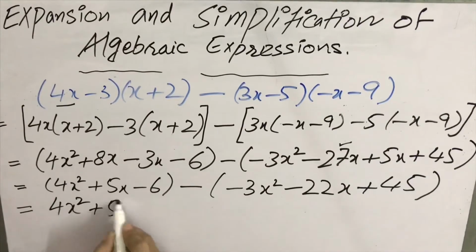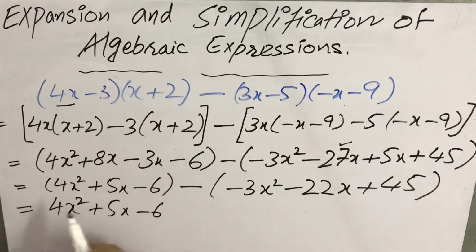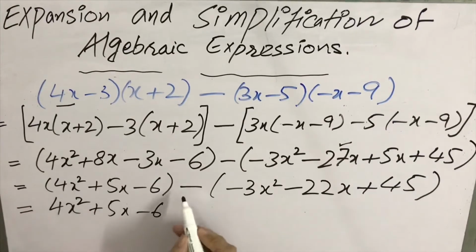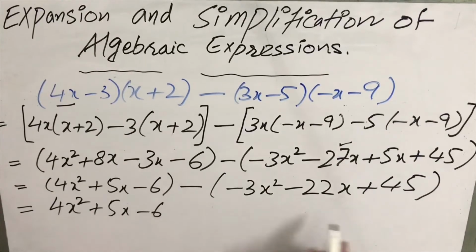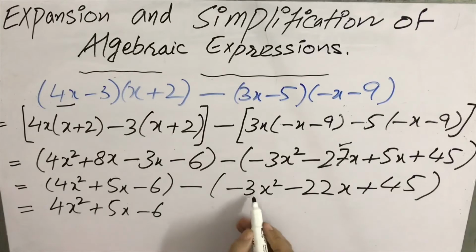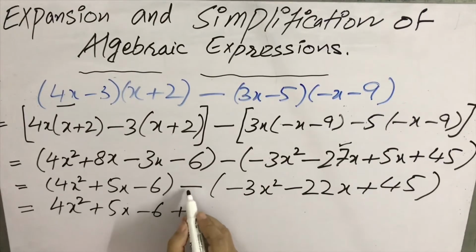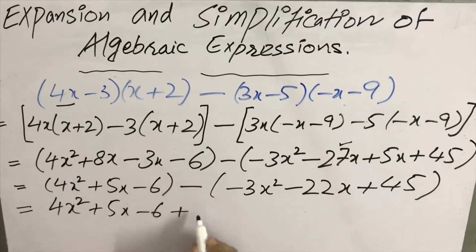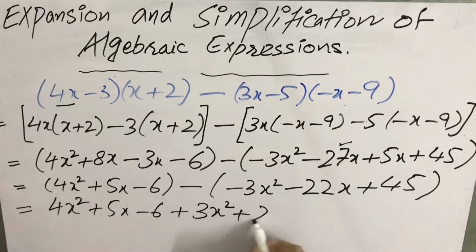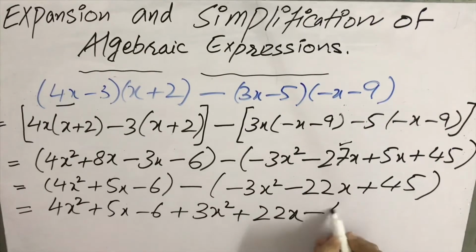4x square plus 5x minus 6 will be as it is because there was no sign here, so it's a positive sign, sorry. But this negative sign will change the inner signs. This 3x square is negative, but when we multiply with this negative sign, we shall have positive 3x square, positive 22x and negative 45.